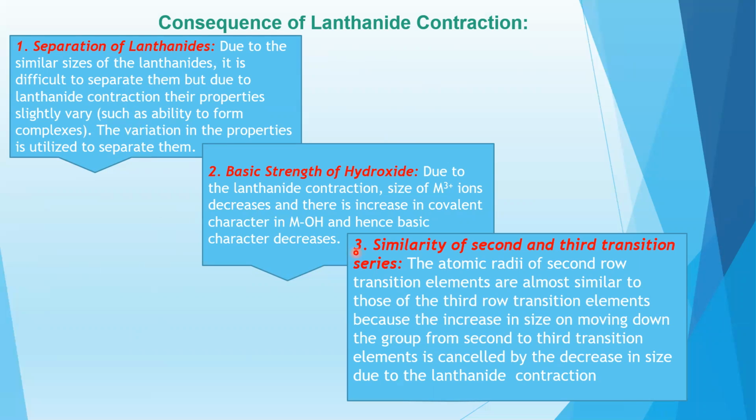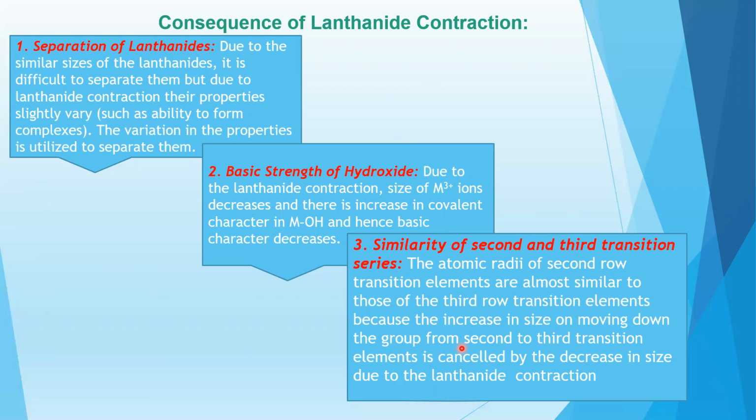Next is the basic strength of hydroxide. Due to lanthanide contraction, the size of the M3+ ion decreases, where M is any metal of the d block. There is an increase in covalent character in MOH and hence basic character decreases.